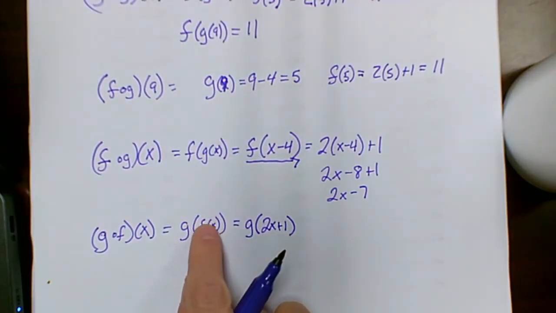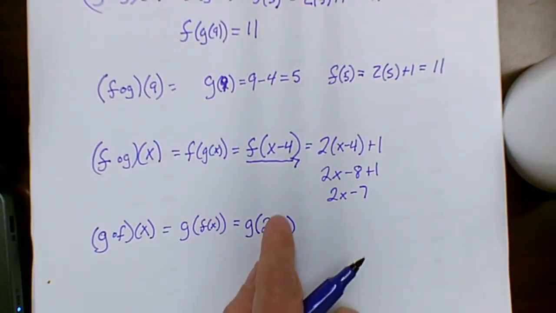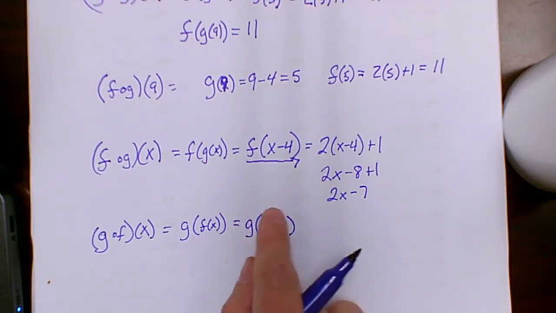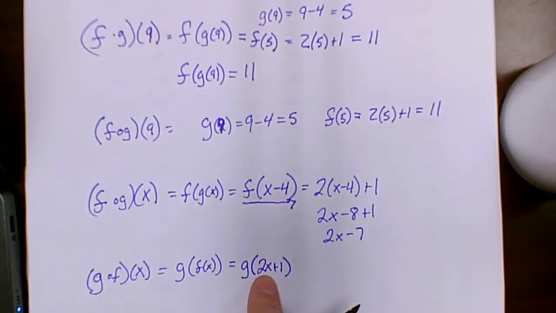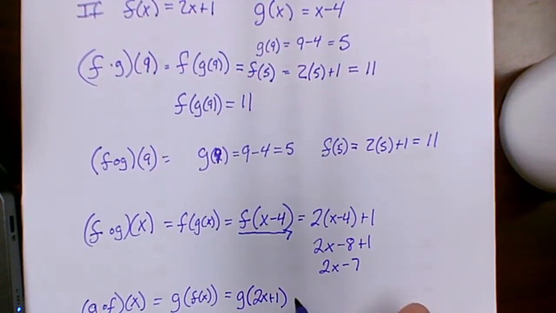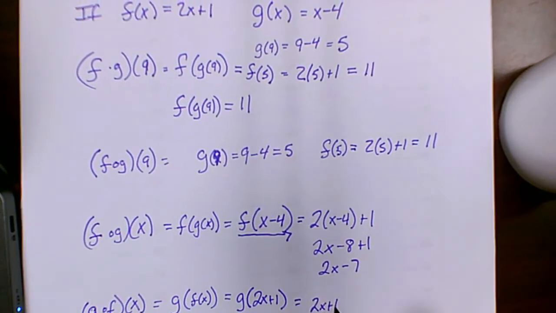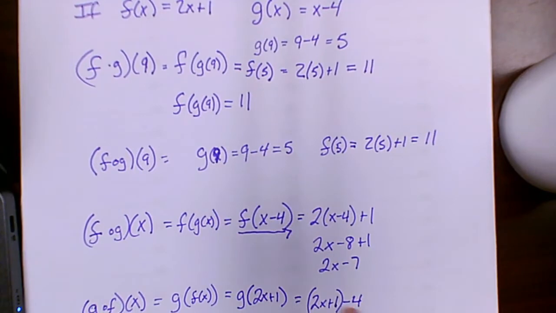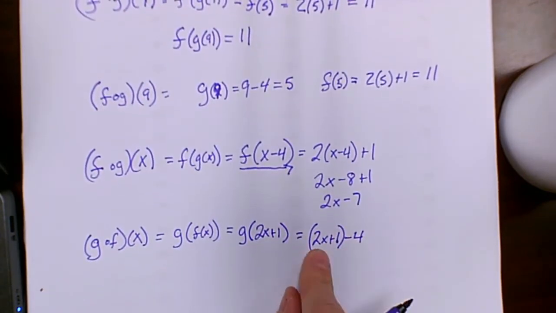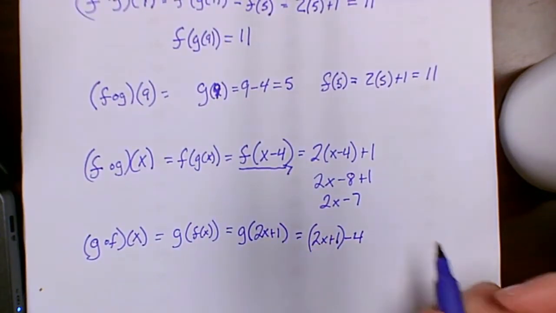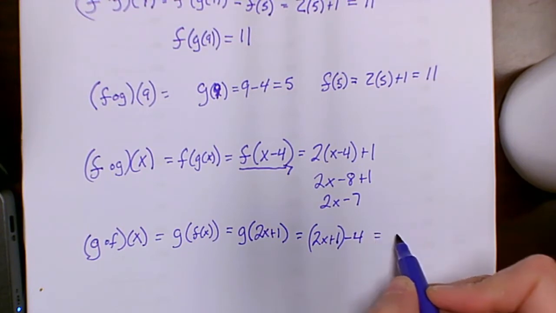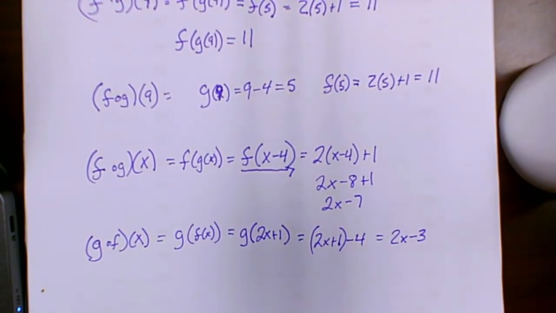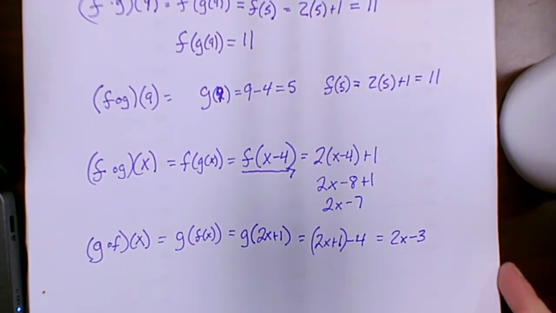So whatever this is, you're going to replace it with that function. Then you're going to evaluate g with this value, which would be 2x plus 1 minus 4. So this value, x minus 4, instead of x, we're going to go 2x plus 1, and then we'll have 2x minus 3 as your value.